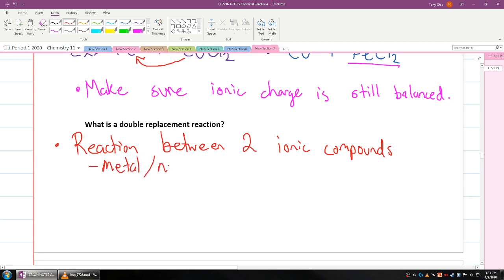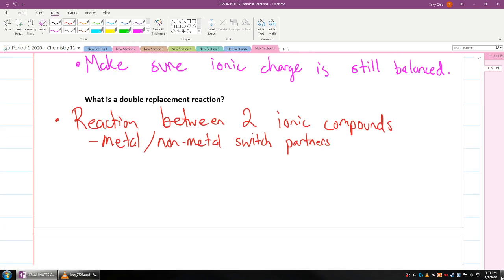That's really what's going to happen. Now, why does this happen? Well, what you're going to learn in Chemistry 12 is that this happens because you're trying to create a stable precipitate. But that's more of a Chemistry 12 topic.